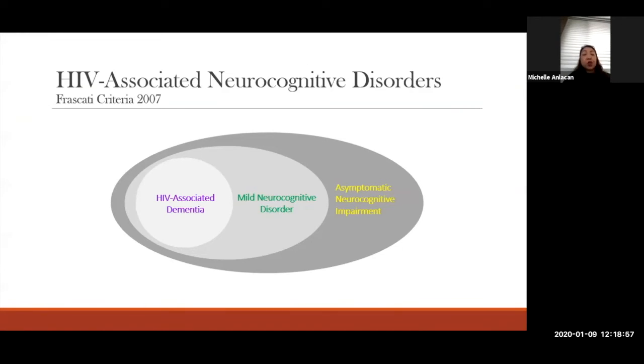Majority will be asymptomatic, meaning only if you test them, you see there is a little bit of a problem or they are quite slow, but nevertheless they can carry on with their activities of daily living. A lot will also be lumped in the mild neurocognitive disorder, and some, less than 15%, will be in the HIV associated dementia category, meaning they would need help in doing their daily activities. Next, please.